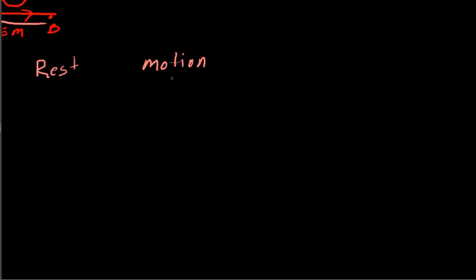A body is said to be at rest if it does not change its position with respect to its immediate surrounding. Like for example, we are sitting on a chair.